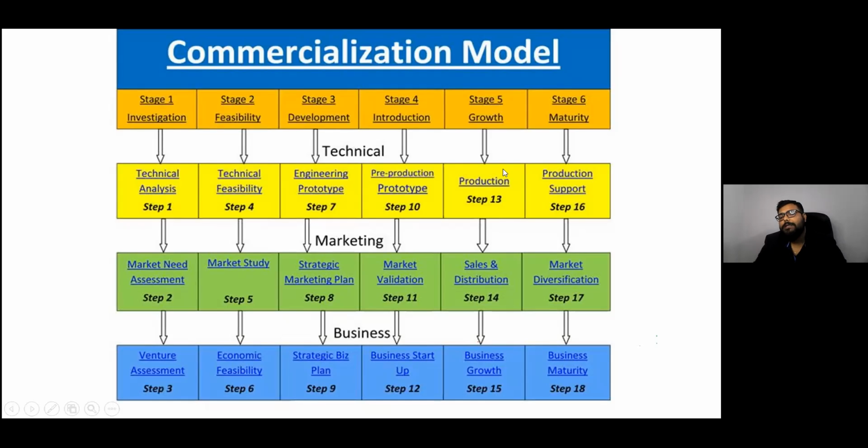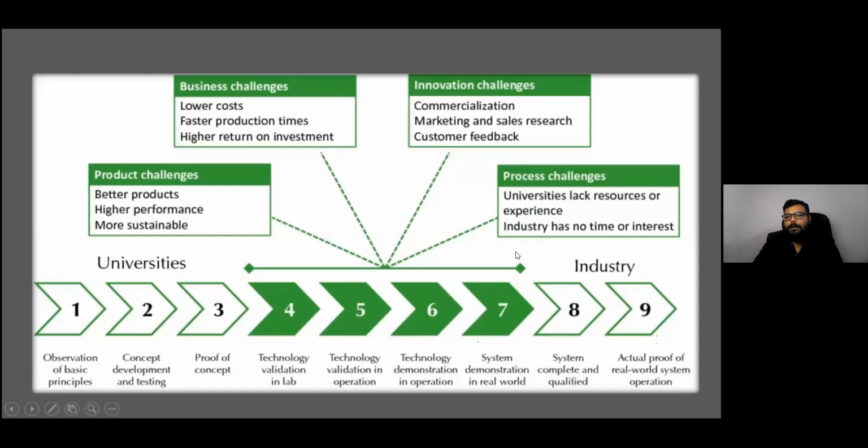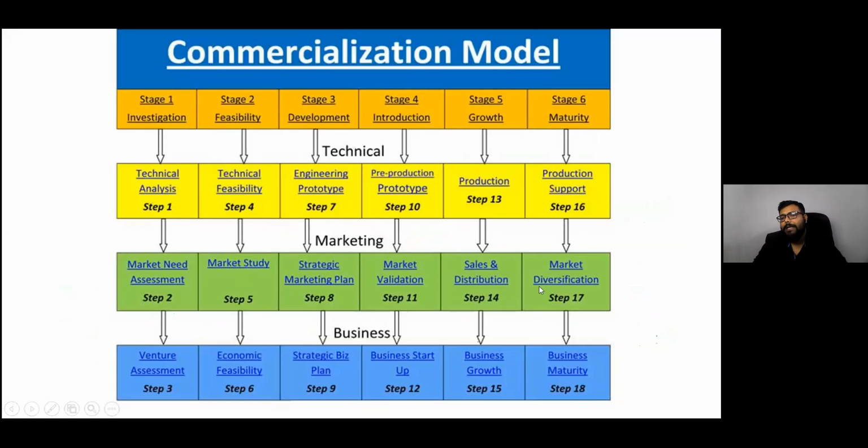Once production is ready, there are sales and distribution. You need to make your distribution channel so that your product sells much faster. The next one is business growth. When you reach this step, you will already be a millionaire, that's for sure: production support, diversification, business maturity.